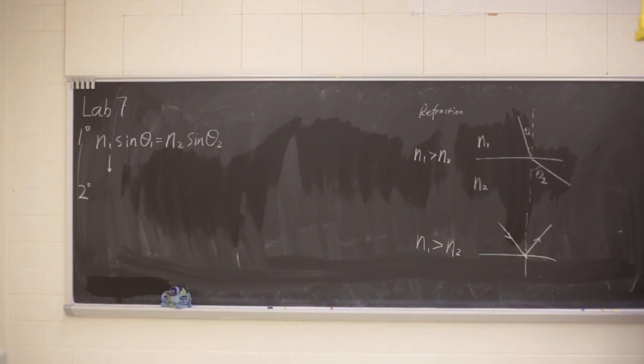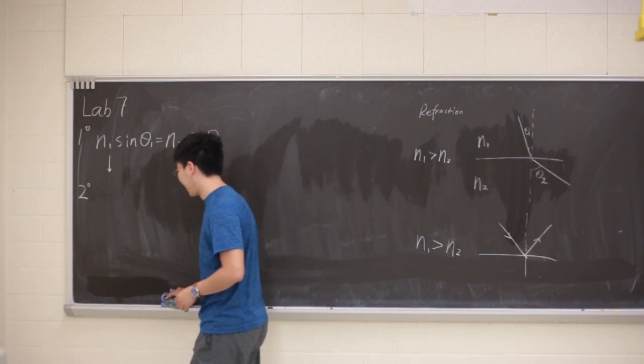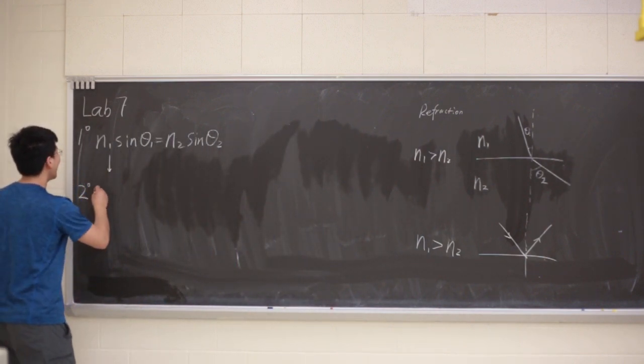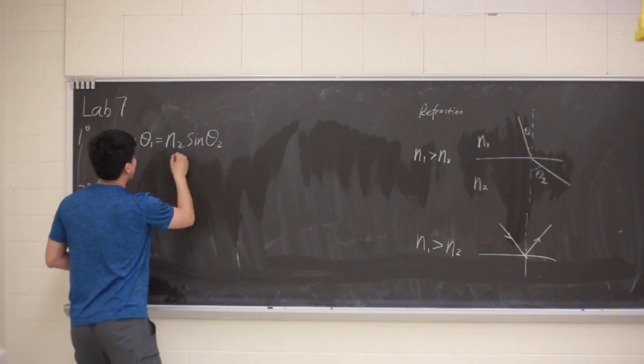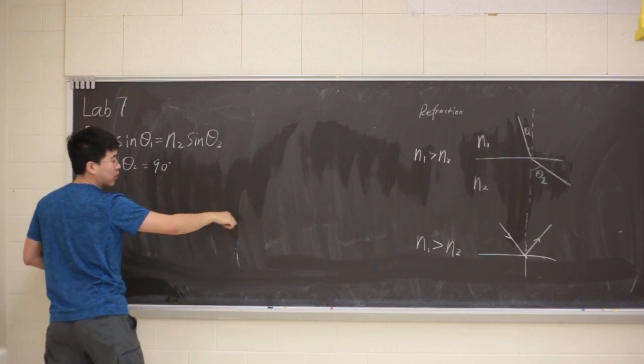Why do I emphasize that? Because I got points off when I was doing that optics class back in undergrad. It's painful. So you said theta 2 is 90 degrees, right?